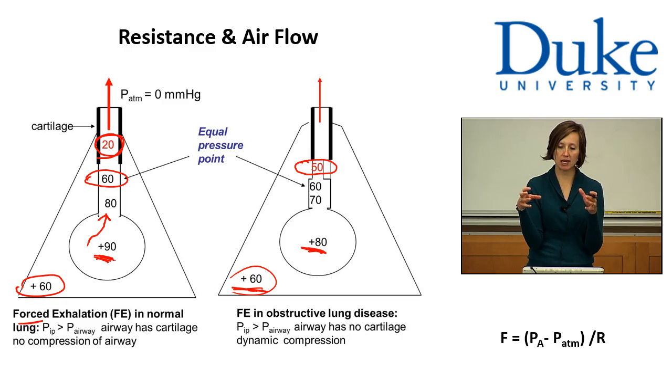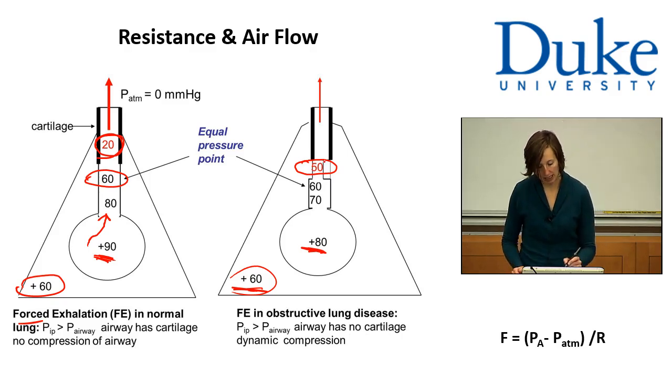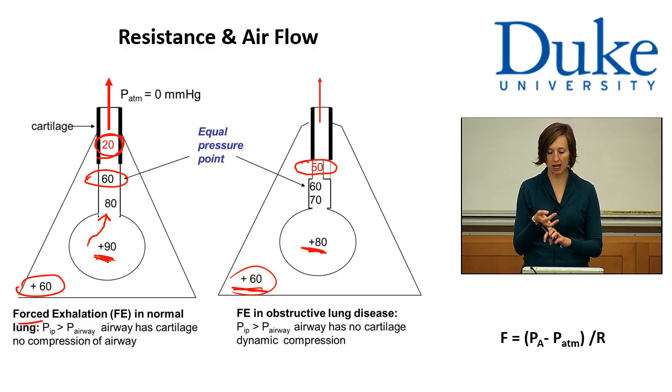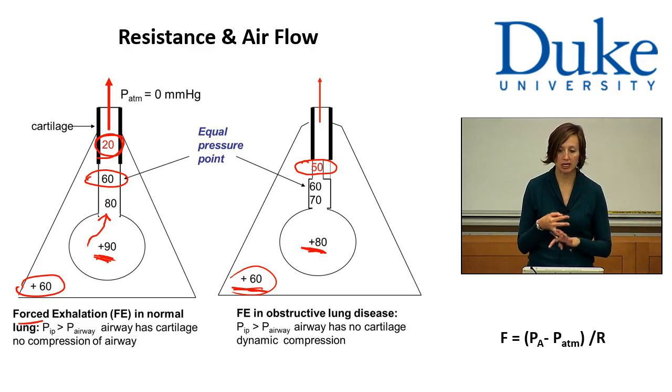And so we'll get this state where we'll have dynamic compression, where the pressure will build up and open it, but then it'll fall again, and we'll have this dynamic process of it opening and closing because of all of these factors of less recoil in the lung and higher resistance in the airways that makes the pressure drop more quickly into areas where there isn't cartilage.